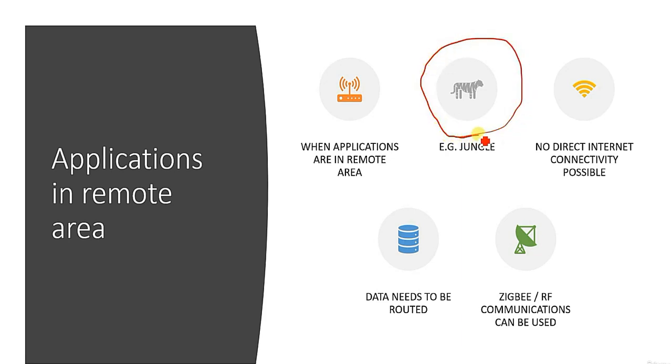Whenever you have to deploy an application in a jungle, let's say for fire detection or gunshot detection, direct internet connectivity is not possible, and therefore we need to route the data through some channels using communication like Zigbee or RF. In that case, there is no direct connectivity, and the connectivity from the sensor is taken through different protocols, and then a particular gateway will transmit that data to the internet.